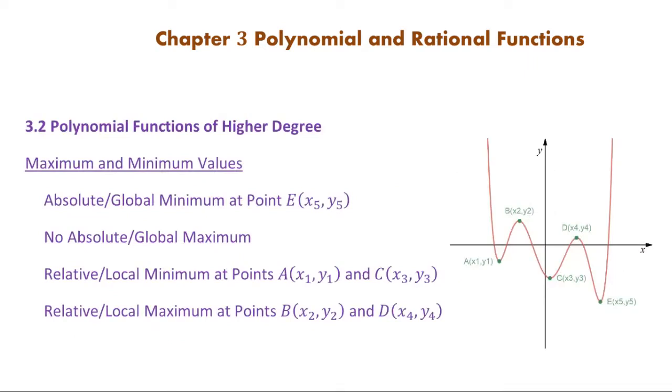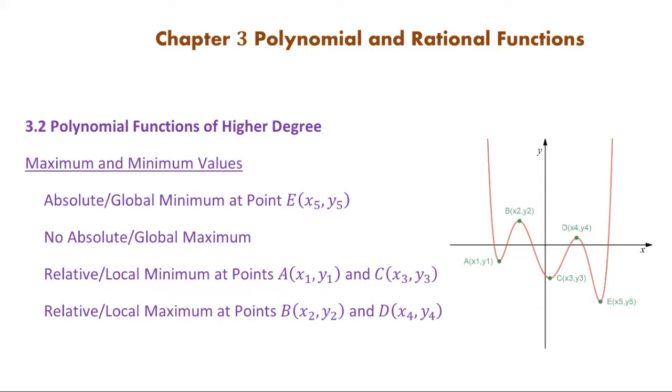Okay, let's talk about maximum and minimum values of a function or a curve. So on the right side, you see a curve. It has several points, maximum and minimum points on the curve. Okay, we have 5 points in here.